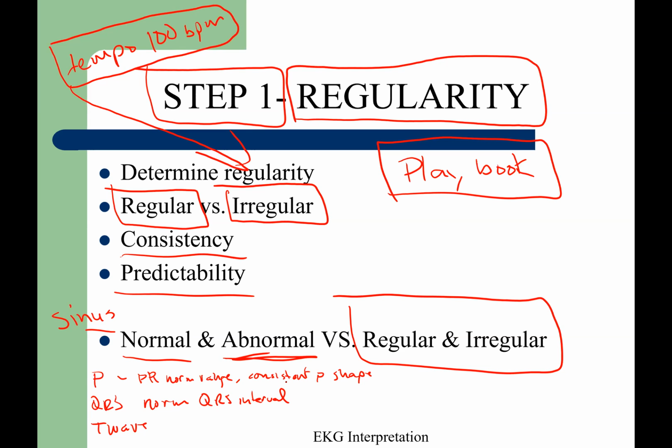Okay. And the T wave must be present. Must be present. Okay. When you have an abnormal beat or rhythm, some of these things are not going to be available.